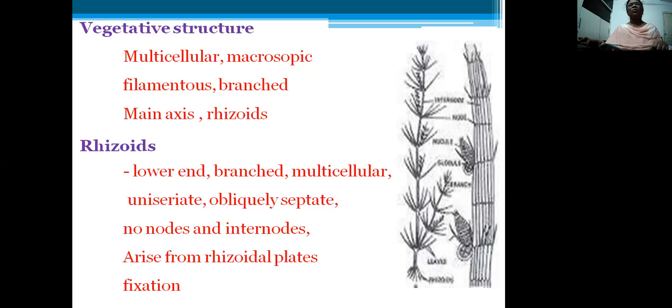They don't have any nodes and internodes. They arise from rhizoidal plates. They help in the fixation of the plant. They may be attached to rocks and also to the lower part of the freshwater body.